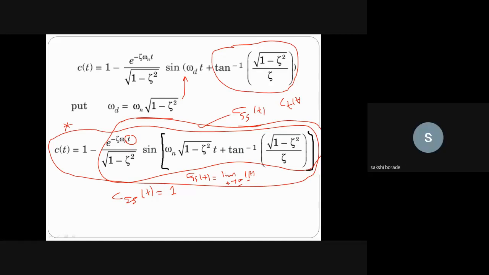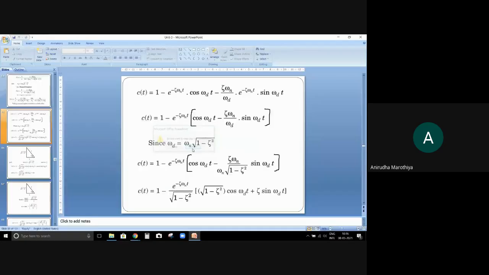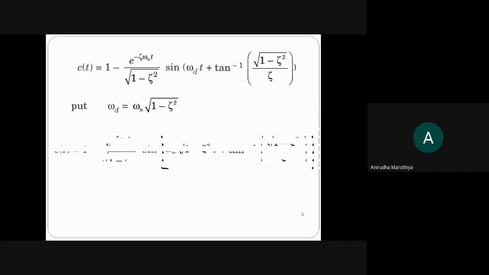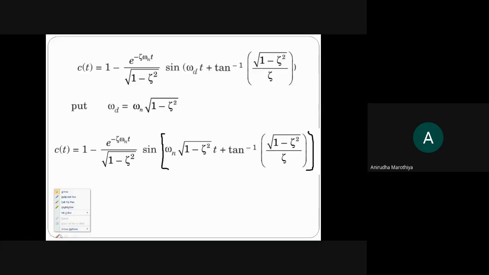Yes, sir. In the same way, suppose you are interested in the transient response. In this case, what will be the expression for transient response? Steady state response हमने find out किया, वो क्या है आपका 1 है. And I told you that total time response is nothing but a combination of your steady state response and the transient response.